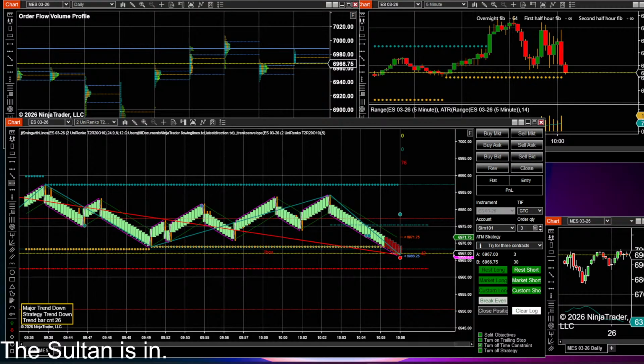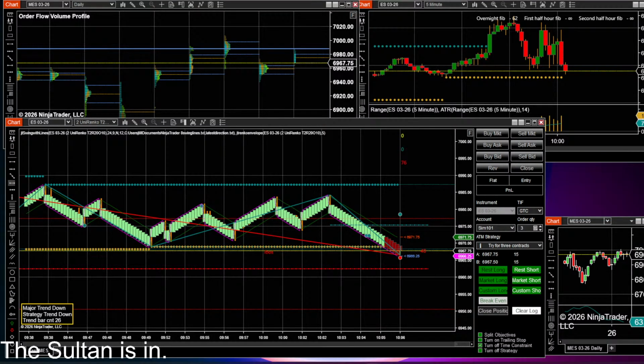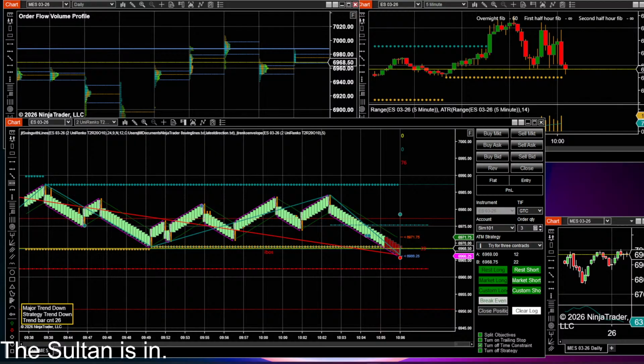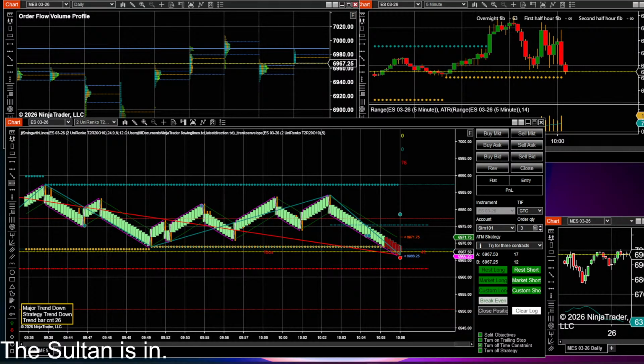We've changed the IBOS, and I'm looking for a pullback here. I would put in a resting short as soon as I get a wick.